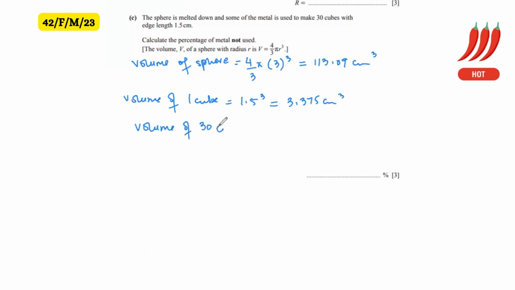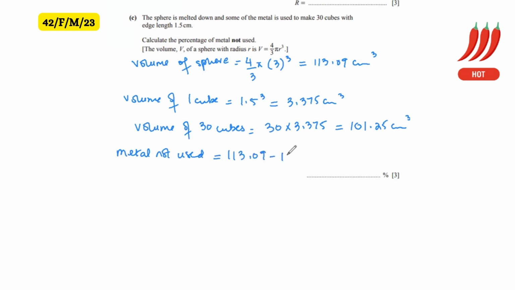So now volume of 30 cubes is going to be 30 times 3.375, which is 101.25 centimeters cubed. So they want the percentage of the metal not used. So metal not used is going to be the difference of the volume of the sphere and the volume of the cubes.